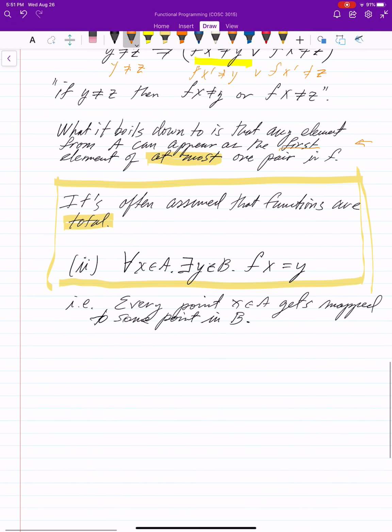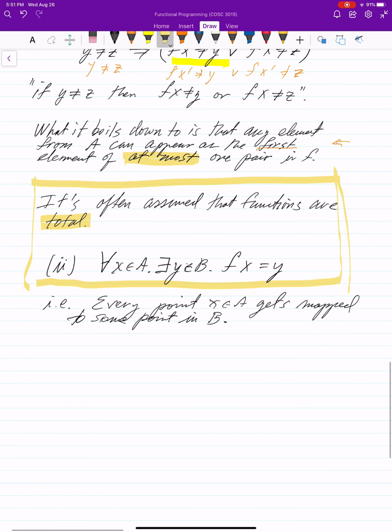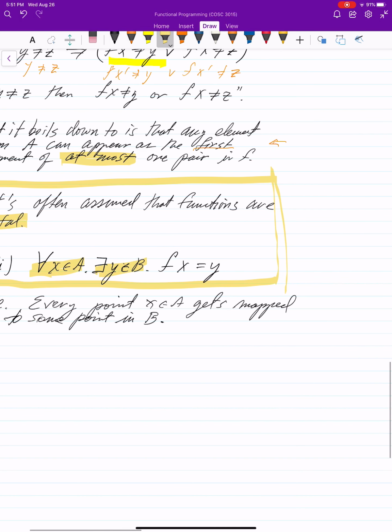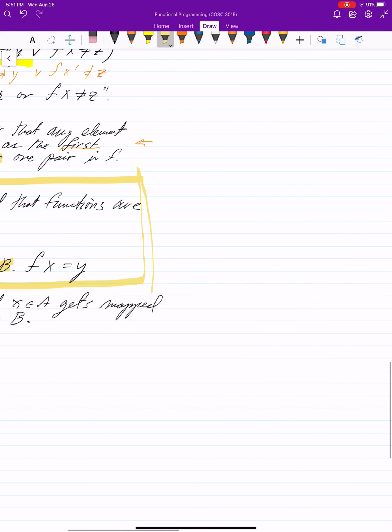Okay, so a final point here is that functions are called total if everything in the domain maps to something in the codomain. So this is basically saying, look, you've got some set A, you've got some set B. I've got, let's say, x, y, z, who cares, I don't need to label them.